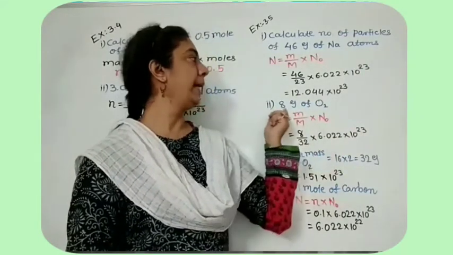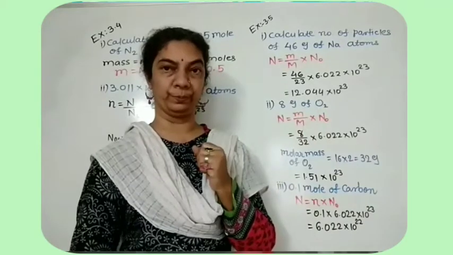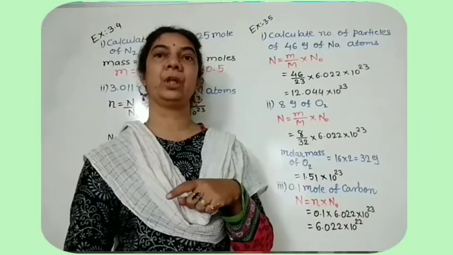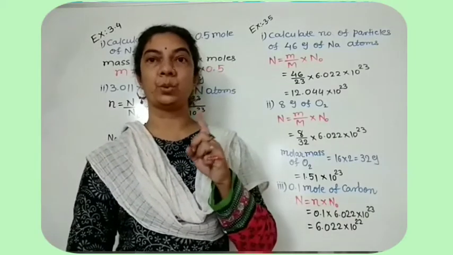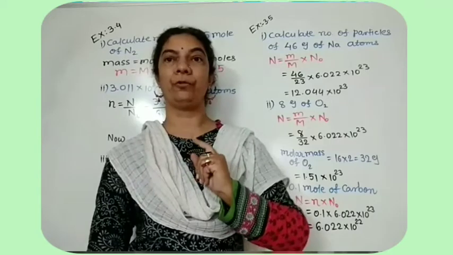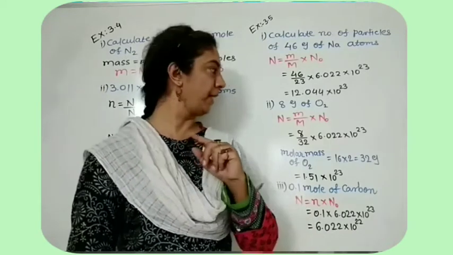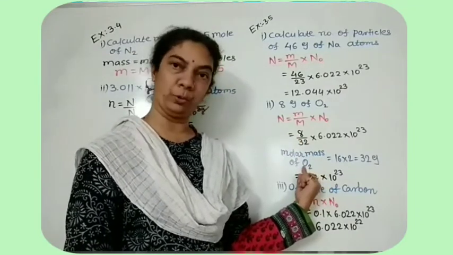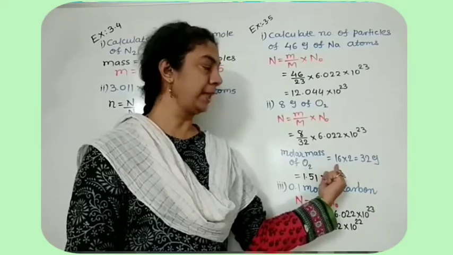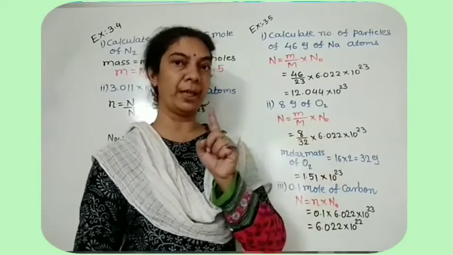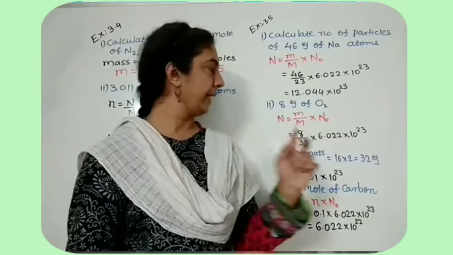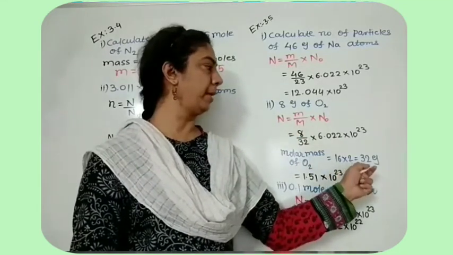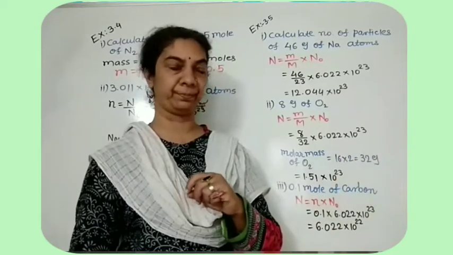Another question: 8 gram of O2. Symbol O stands for oxygen. O2 means one molecule of oxygen, and that's why we are supposed to calculate the molar mass of O2. 16 is the molar mass of one atom of oxygen, and here we have two atoms, so 16 multiplied by 2 is 32 gram.